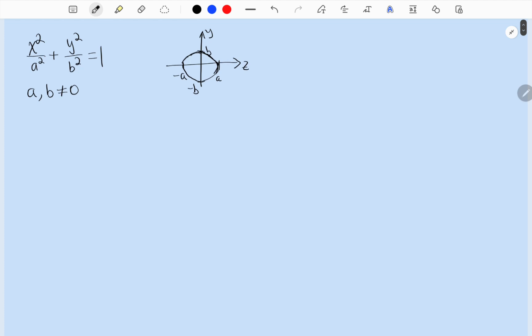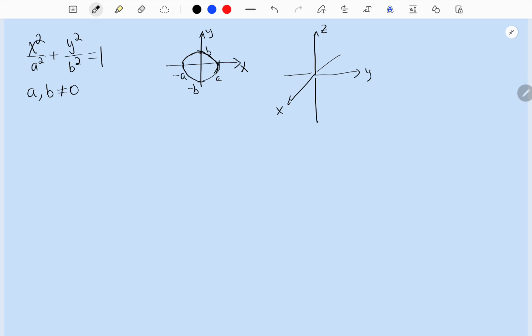So this is just on the xy plane, but then in the entire R3, or in 3D, where you have a z component, it will look like this.